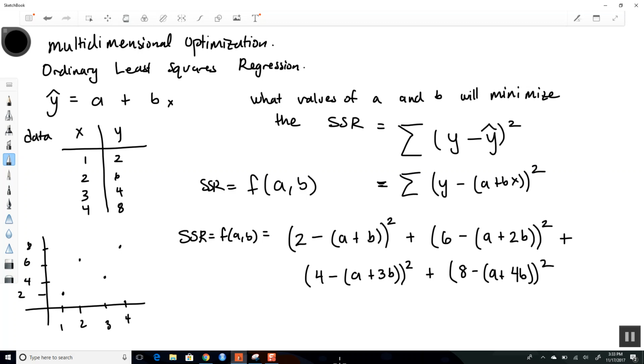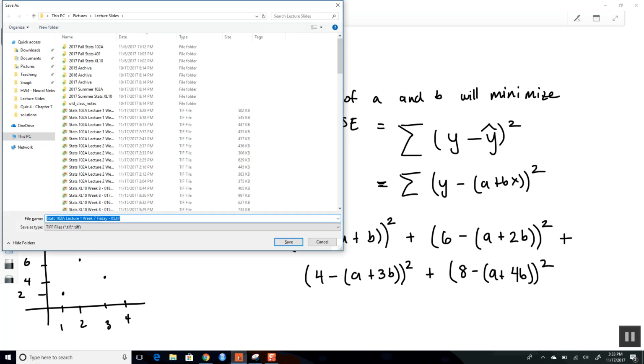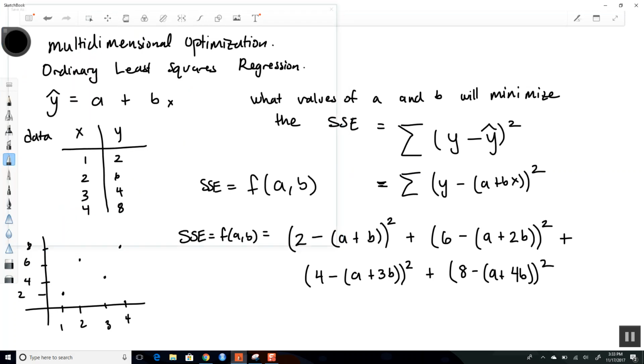It's like y minus y bar. Okay, all right, sure. Sorry, I'm labeling this wrong. It's the RSS. Yeah, okay, RSS. Residuals. Yeah, RSS. Okay, SSE. All right, sorry, thank you.